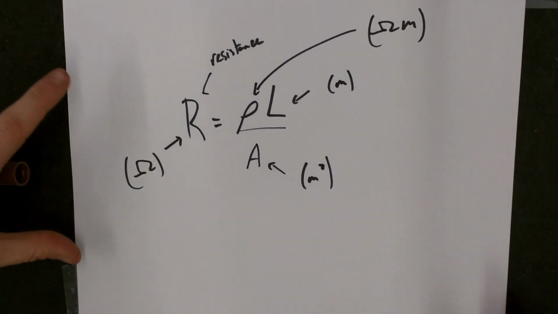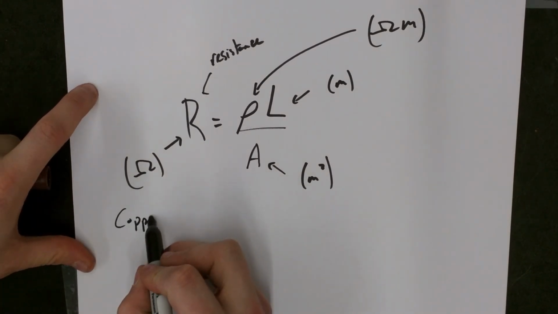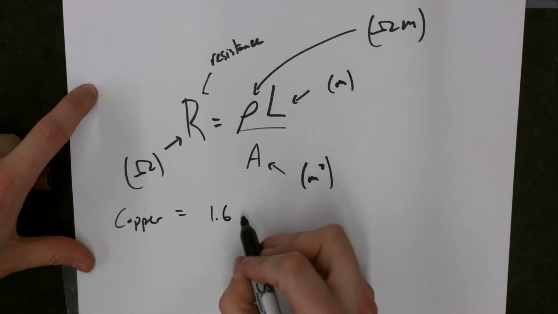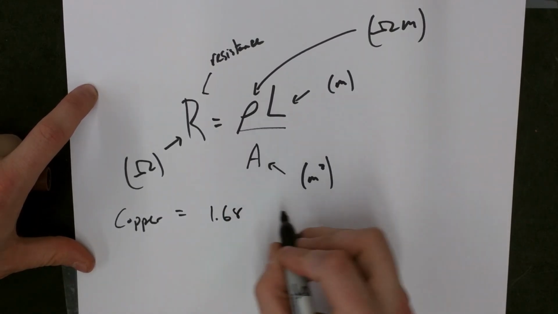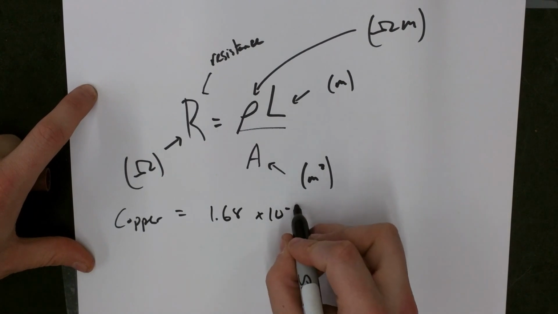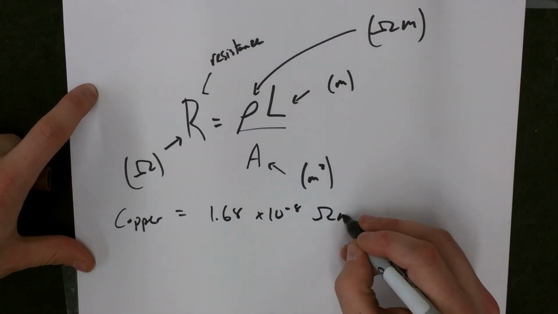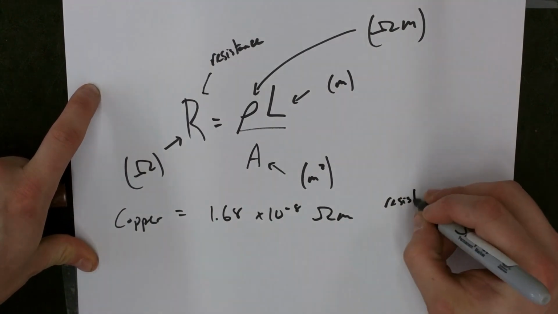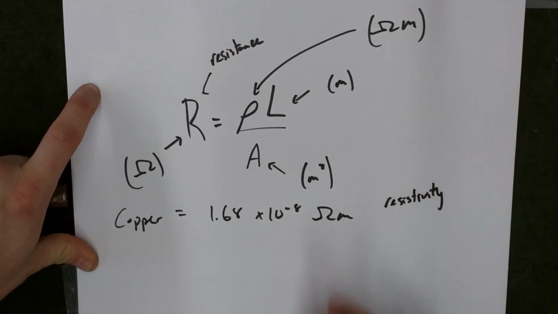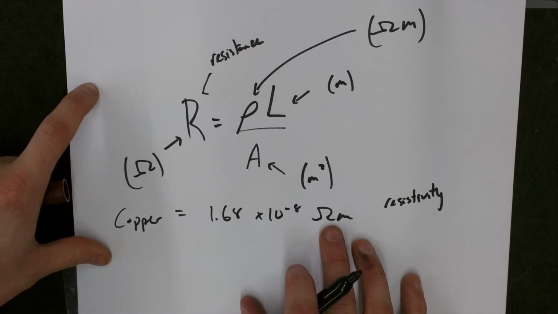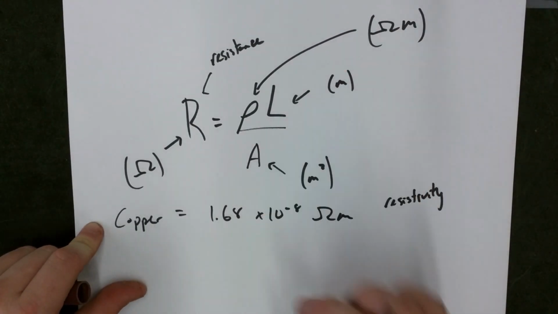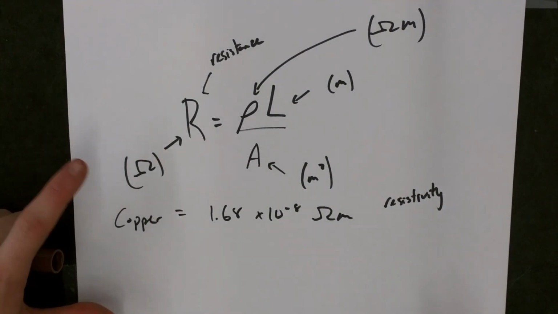So looking at a few materials, let's look at copper. It's got a resistivity of 1.68 times 10 to the negative 8th ohm meters. This is not resistance, I'm sorry. This is resistivity. Because overall resistance would depend on the length of wire that I cut and the cross-sectional area of that wire.